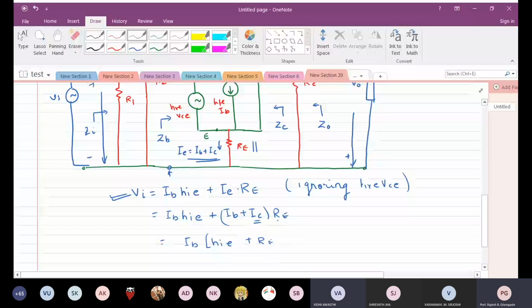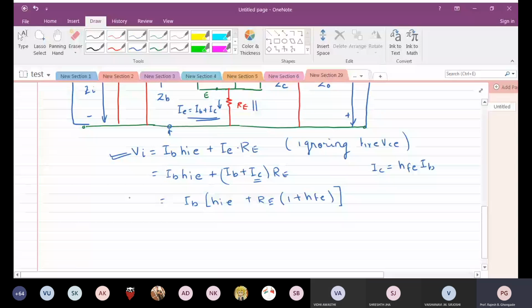Beta into IB. Let us drop the use of beta and we will use IC is equal to HFE times IB. So can I write it like this? 1 plus HFE. Is it okay?